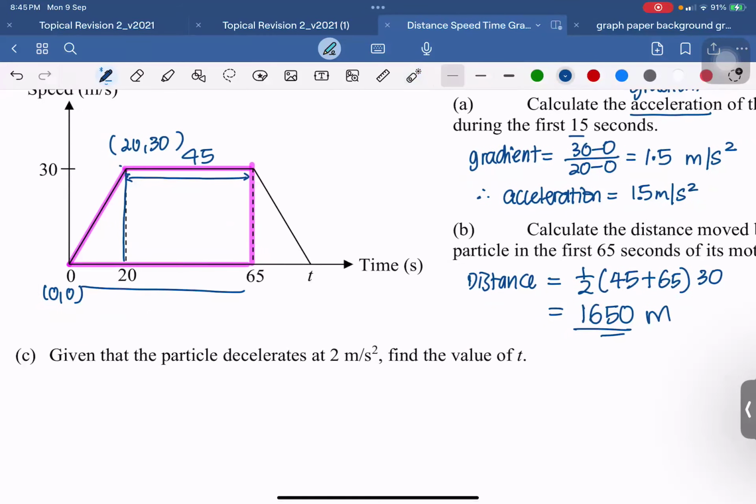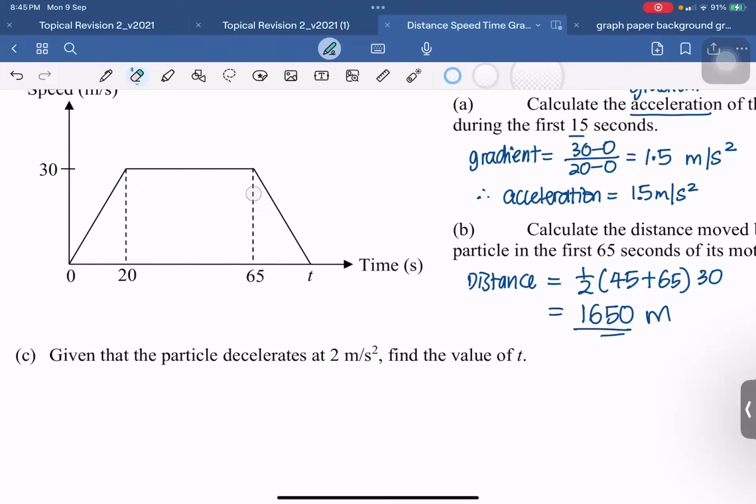Next part. Okay, the last part already. The particle decelerates. If it's deceleration, can you tell me what is the gradient? Is it positive 2 or is it going to be negative 2? Negative 2, right?